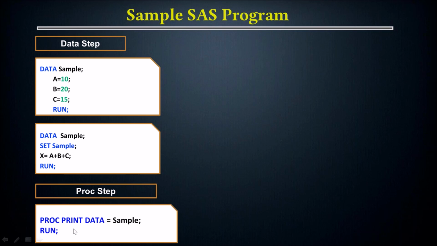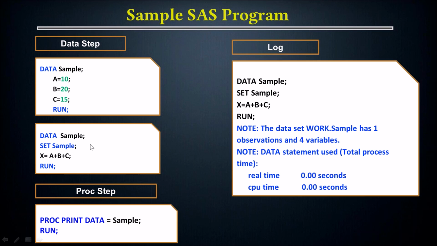Okay, next one is the proc step. I told you, it starts with the keyword proc and ends with run. It is used to process a data set. I'll tell you what a data set is, don't worry. If you submit this program in the editor window, what will happen? In the log window, it will display like this.